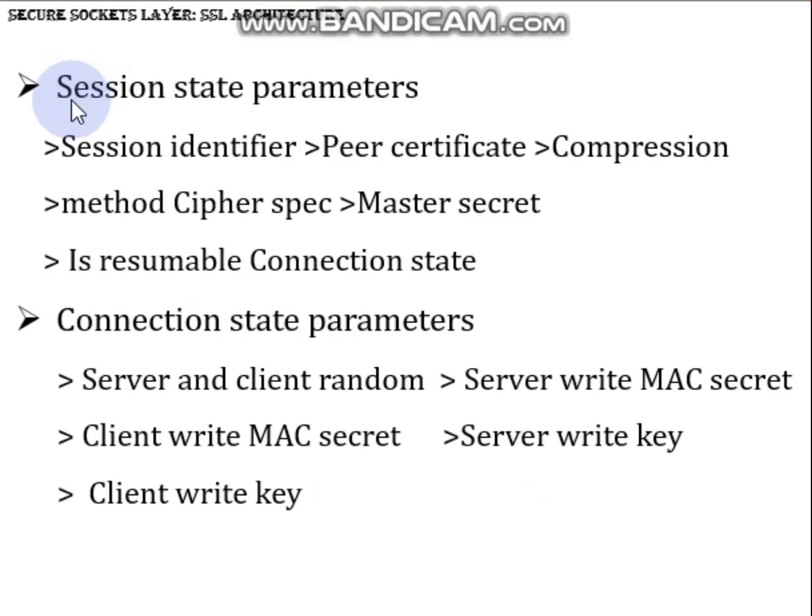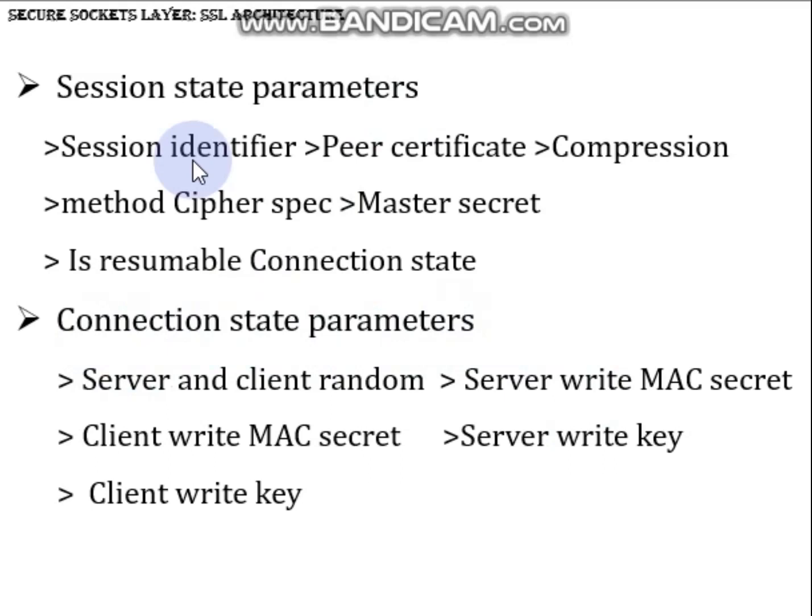Let us have discussion on session state parameters and connection state parameters. There are a number of states associated with each session. Once a session is established, there is a current operating state for both read and write, that is, receive and send. In addition, during the handshake protocol, pending read and write states are created. Upon successful conclusion of the handshake protocol, the pending state becomes the current state.